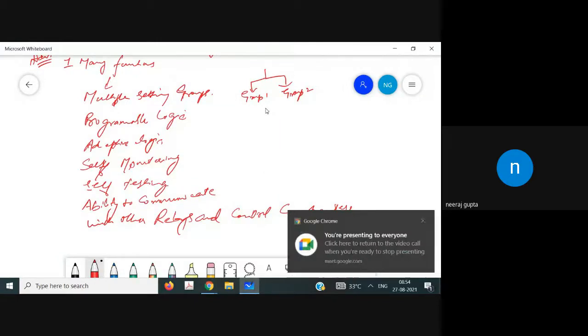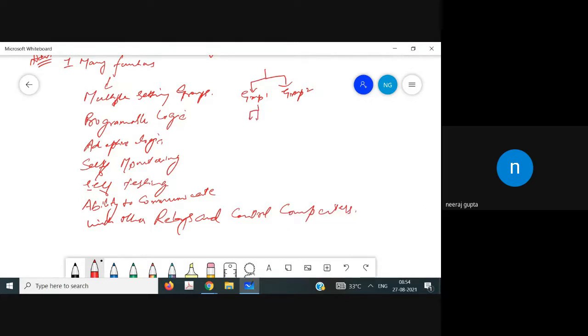So it has multiple settings. If you take the case of group 1, it has multiple settings connected to some other functions. That is, in group 1 you have several functions, and in group 2 you also have several functions.